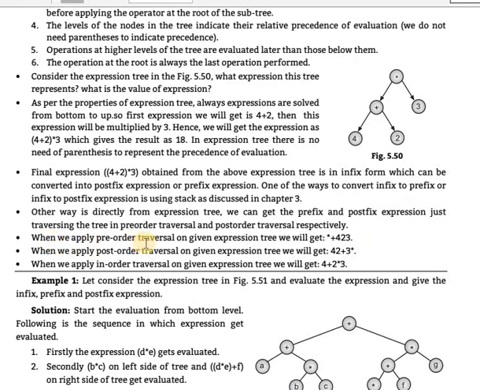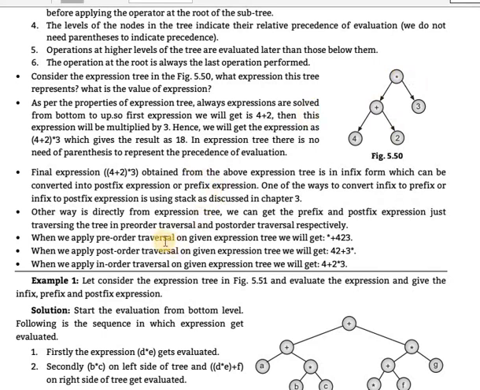When we apply pre-order traversal, the given expression tree gives the following. In pre-order, what is the root, left and right? The root is the multiplication. Root, after that left, after that right. That is, the left 4, after that right 2, after that again 3 on the right.